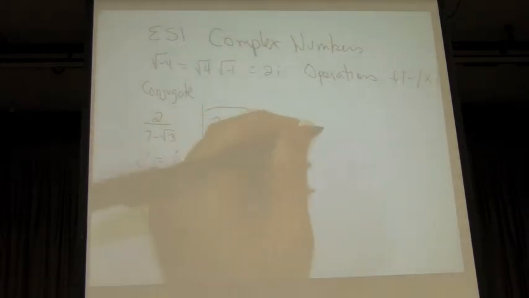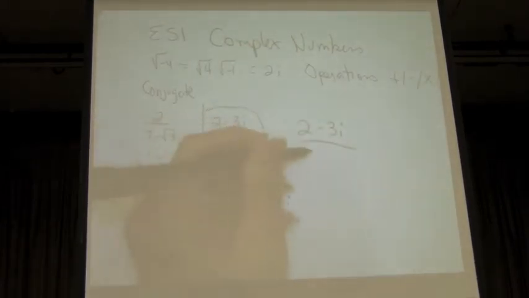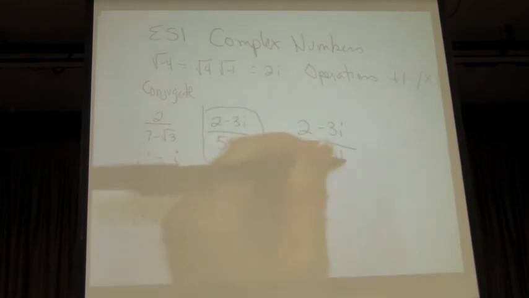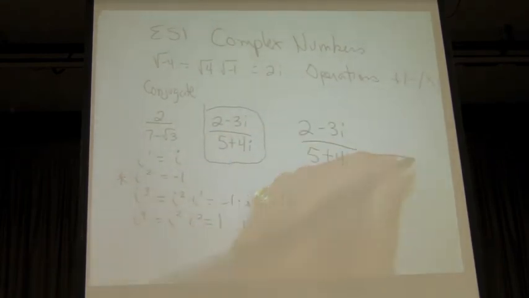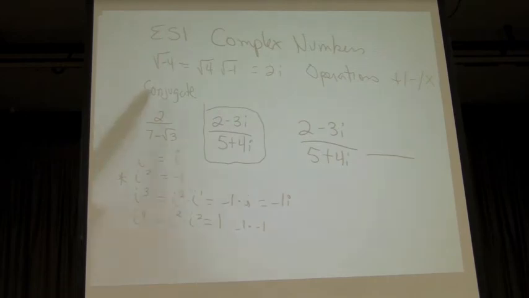So, if you see a problem like this, 2 minus 3i over 5 plus 4i, you multiply by something called the conjugate, which is 5 minus 4i.